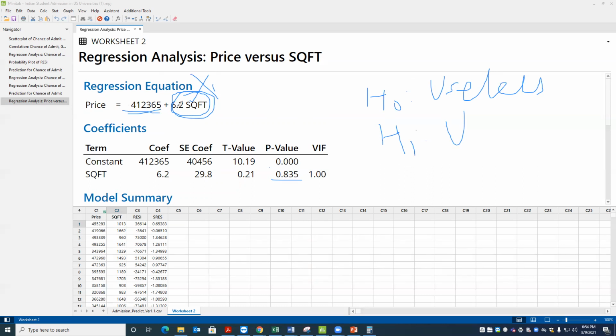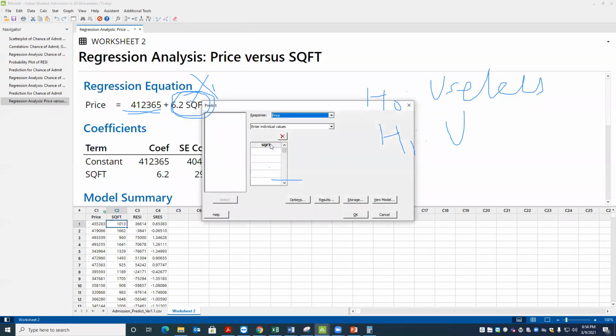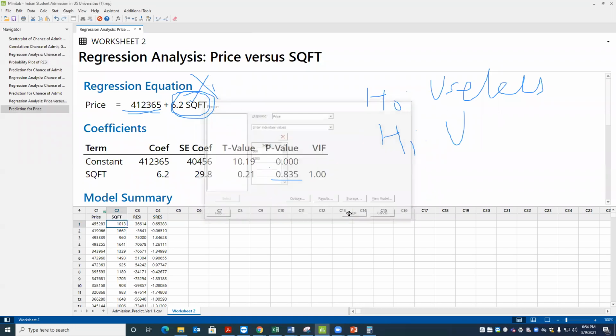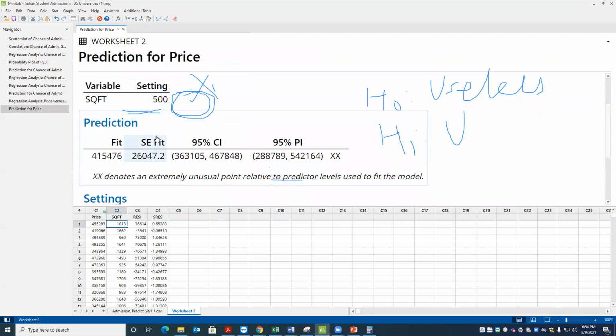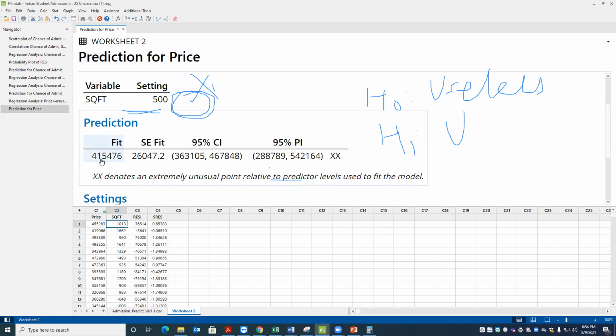For example, 412,000 is this. Suppose I have a house of 500 square feet and a house of 1500 square feet. What would be the impact on pricing? I go under statistics, regression, predict, and enter 500 square feet and 1500. For 500 square feet, the price would be 415,000.